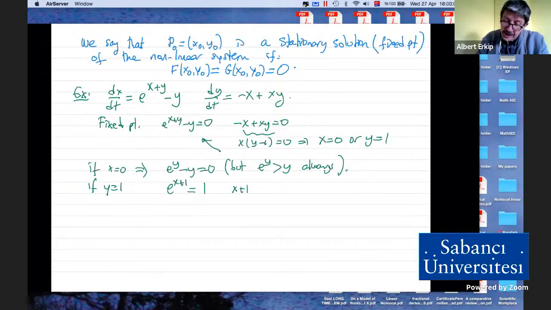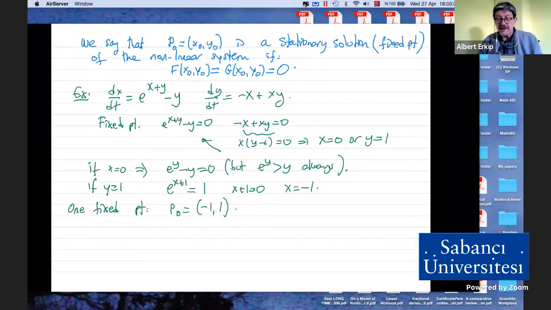So that gives x plus 1 equals 0, so x equals negative 1. So one fixed point, P0 equals (minus 1, 1). Indeed, when you plug it in, x is minus 1, y is 1 is a solution.